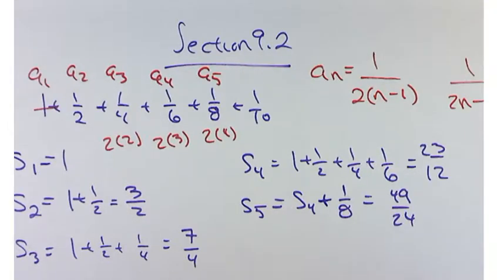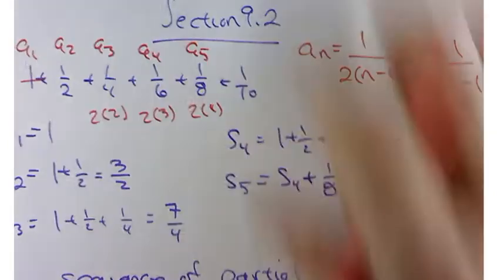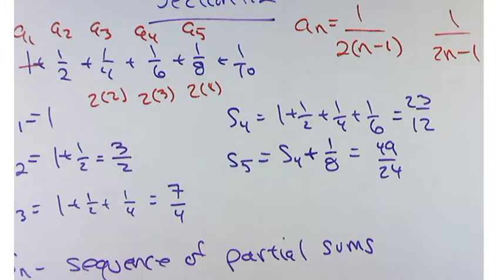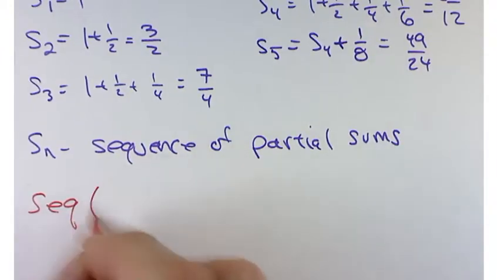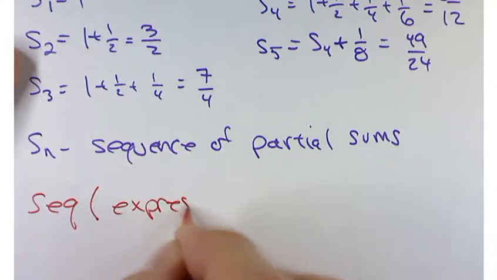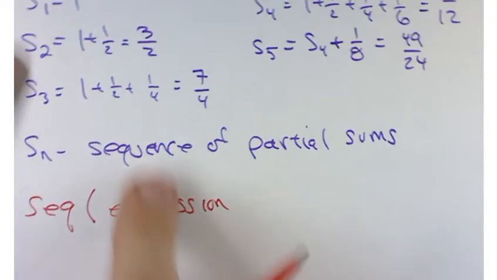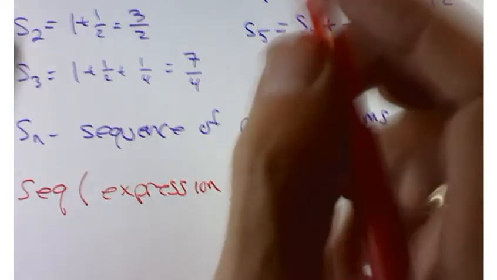All right. Well, let me just demonstrate to you how we can set up certain sequences. And the notation for that is your sequence command, and then the expression that you're going to use for whatever your general term is, and we haven't figured it out for problem number 4 yet.